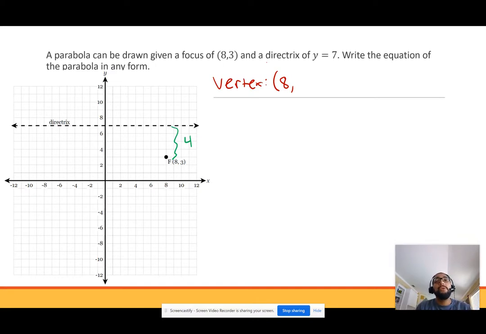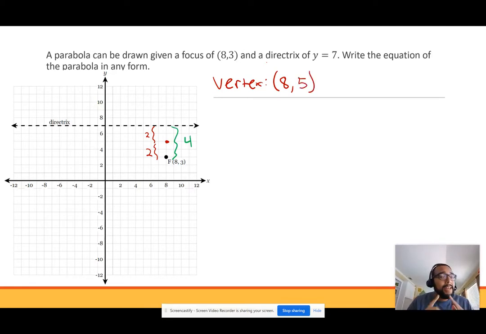Since the total distance is 4, that makes this distance 2 and this one 2. So I count 2 up for my focus or 2 down for my directrix. Either way, I get a vertex of (8, 5).